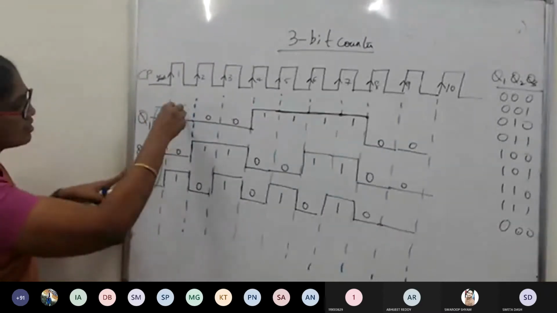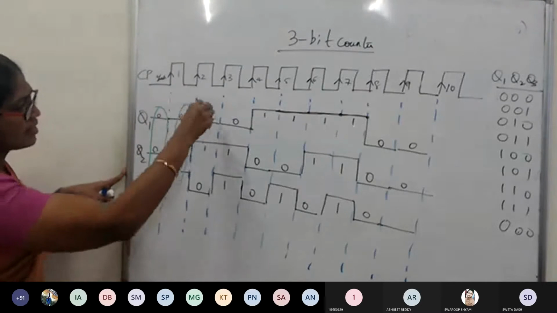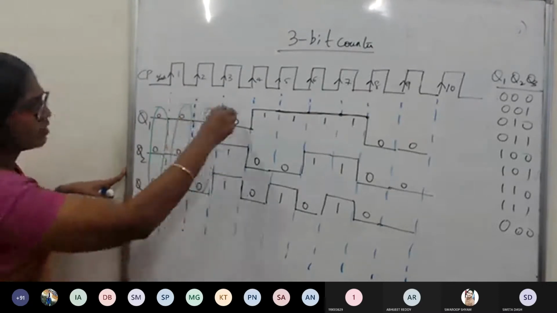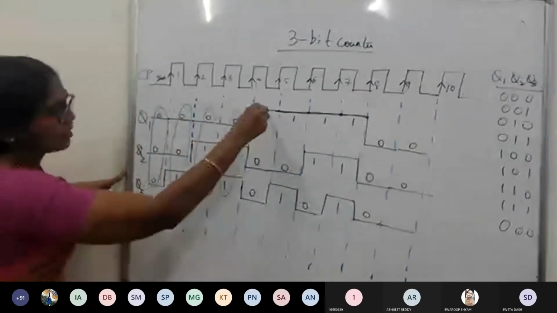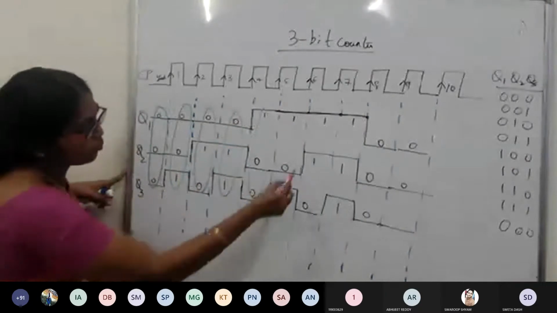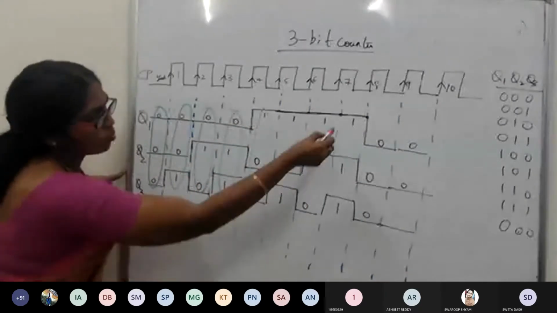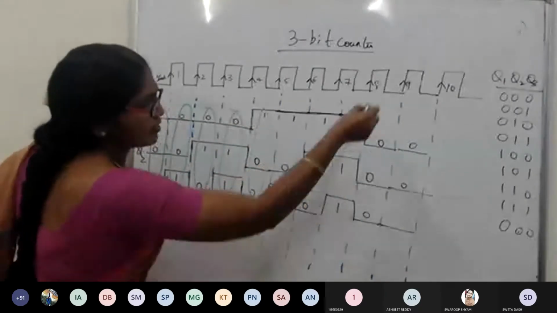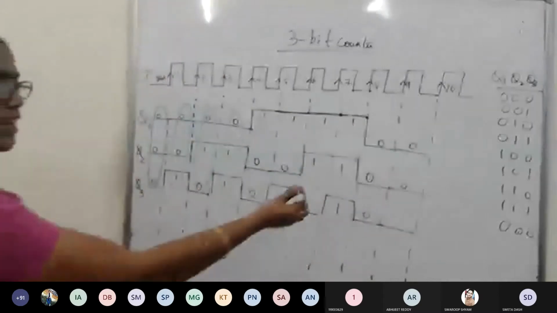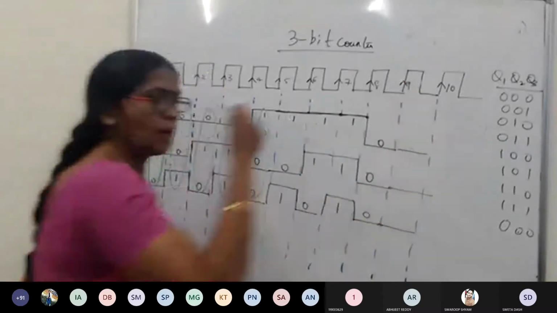In the second, 0, 0, 1 has come. Then 0, 1, 0. 0, 1, 1. Then 1, 0, 0. Then 1, 0, 1. 1, 1, 0. 1, 1, 1. Then 0, 0, 0 and it goes on. Anyway, this is just a repetition, if you want to show otherwise.